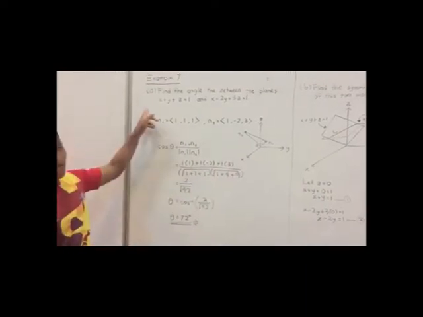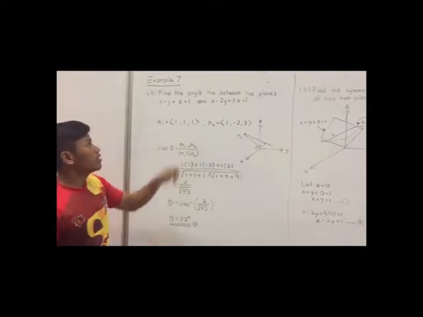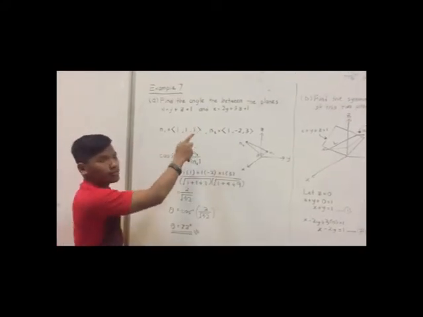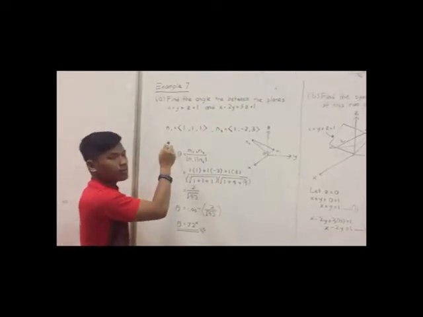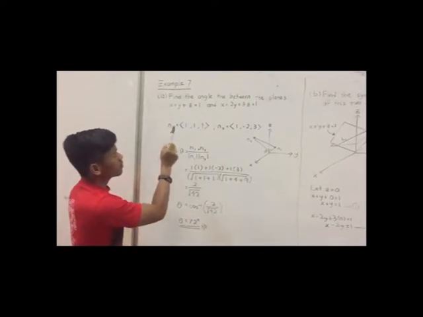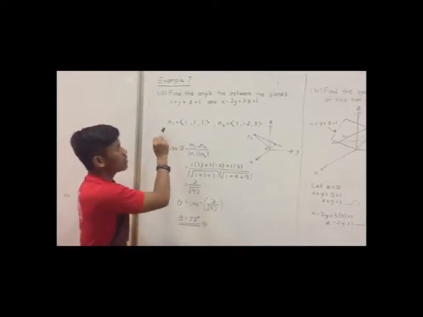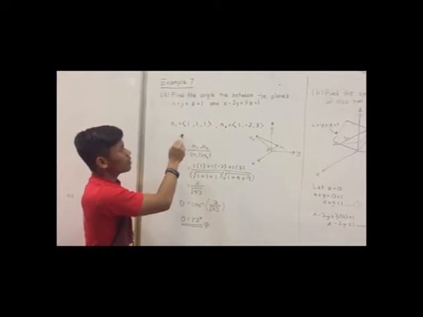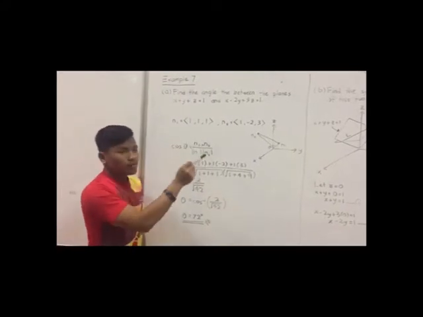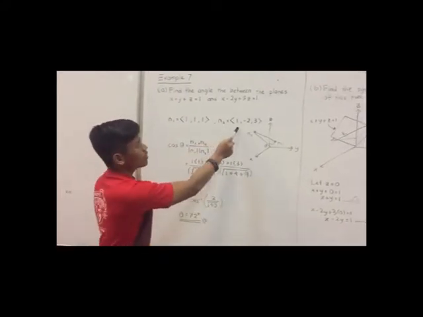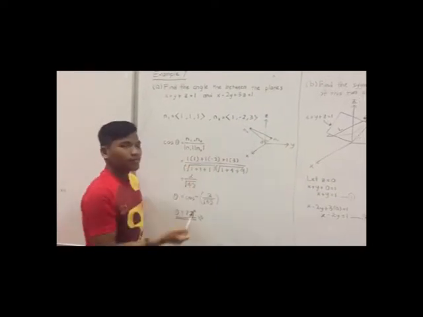From the first equation of the plane and the second equation, we can know the normal vectors: number 1 is (1, 1, 1) and number 2 is (1, -2, 3).